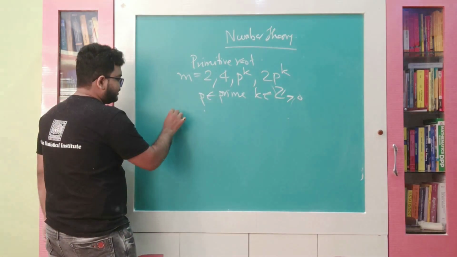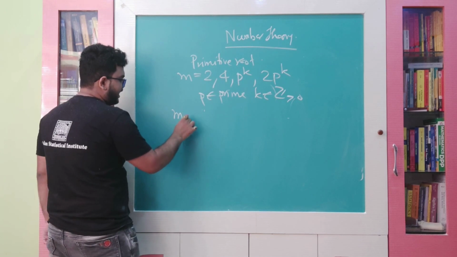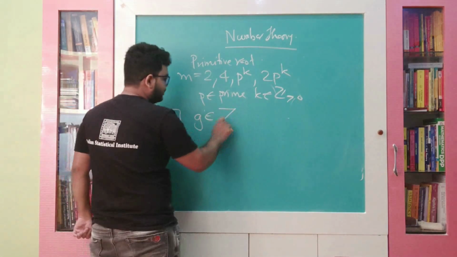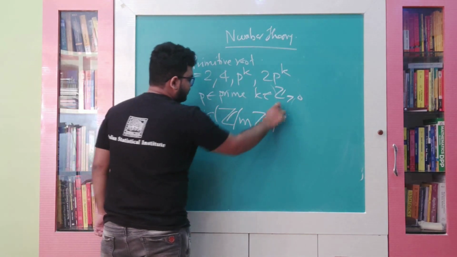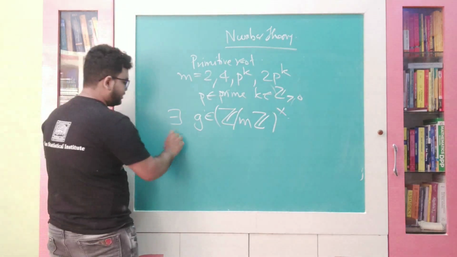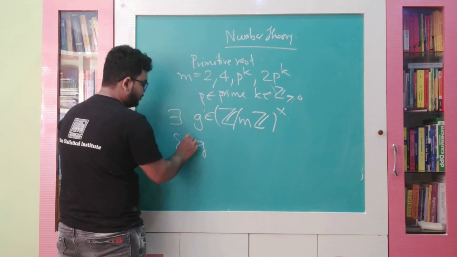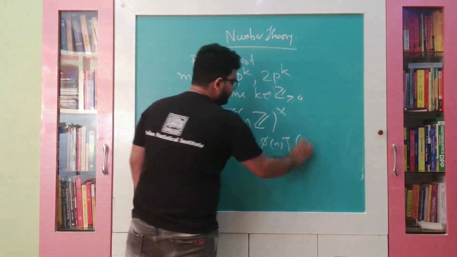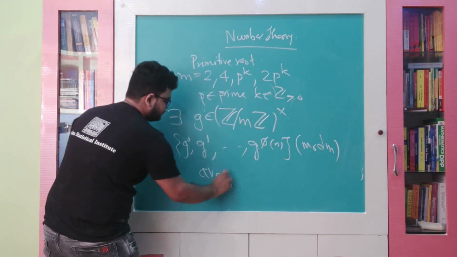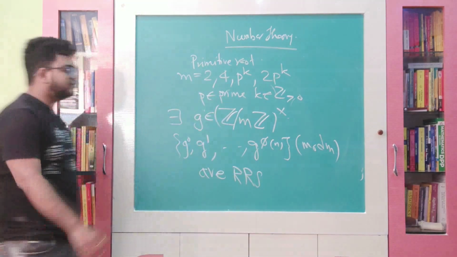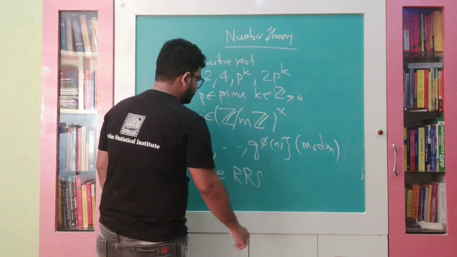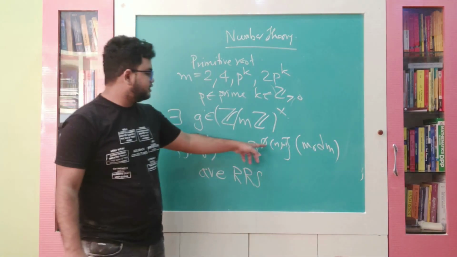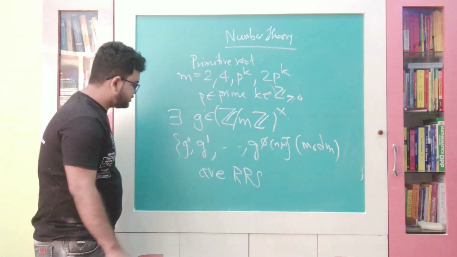What is a primitive root? For m, if there exists a g in the invertible elements of Z_m such that 1, g to the power 1, up to g to the power phi(m) minus 1, modulo m, form a reduced residue system, then g is a primitive root.